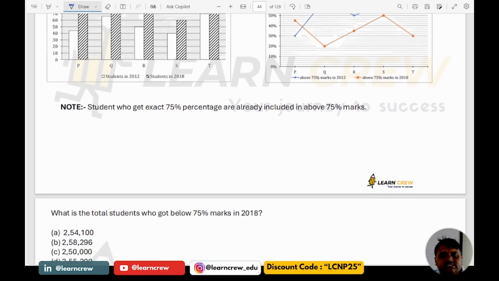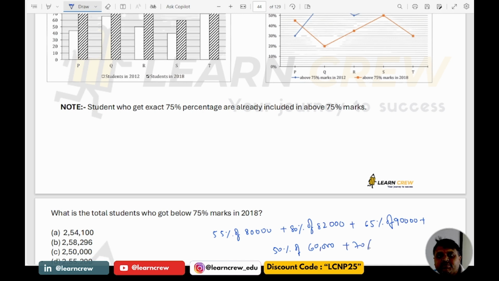In 2018, it is 55% of 80,000 plus 80% of 82,000 plus 65% of 90,000 plus 50% of 60,000 plus 70% of 80,000. If you add all these values, how much are you going to get?